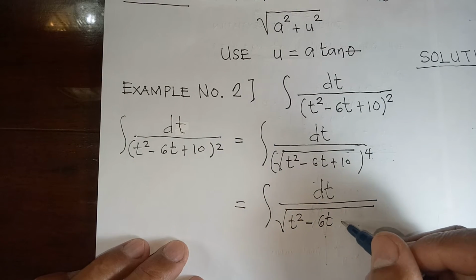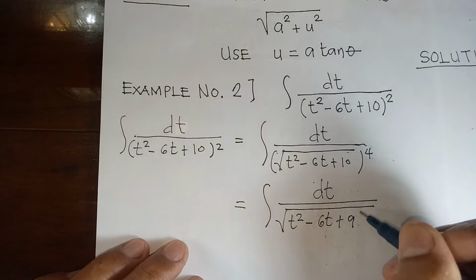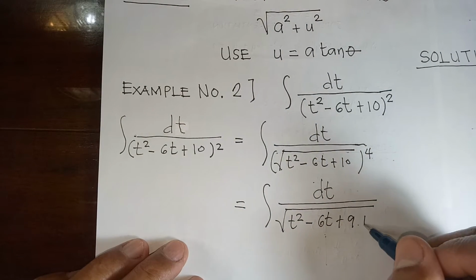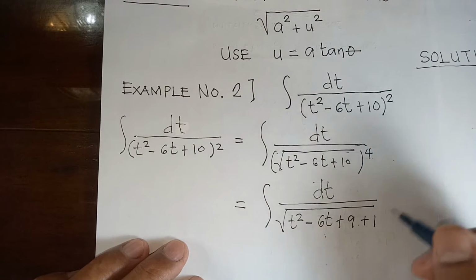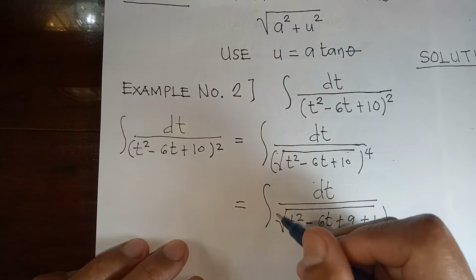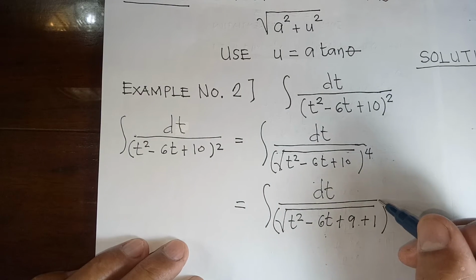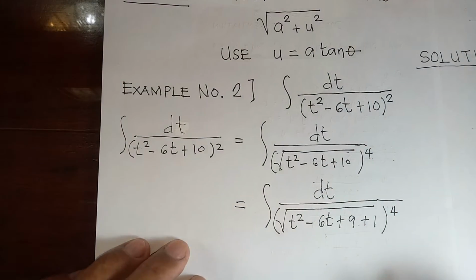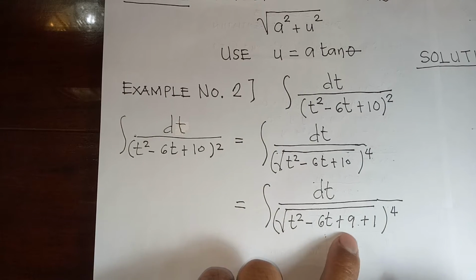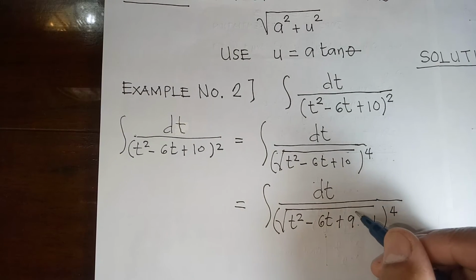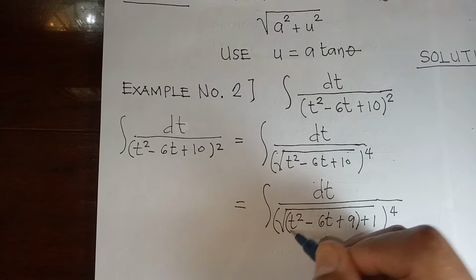So, magkakaroon tayo ng plus 9, and then plus 1. So, ang natira sa 10 ay 1 na lang. And then, raised to 4. Then gugroup natin yung t squared minus 6t plus 9. Ito ay perfect square trinomial.